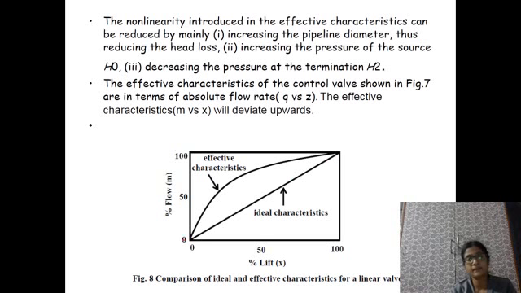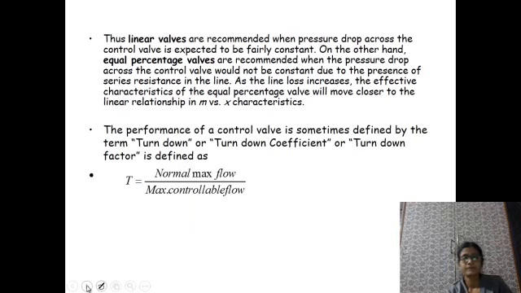So if we consider the quick opening type valve, this type of characteristic was there for quick opening type. So if the ideal characteristic was quick opening type, then with the upliftment, the effective characteristic becomes more linear compared to the ideal characteristic.